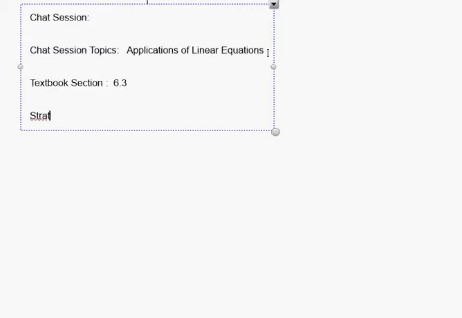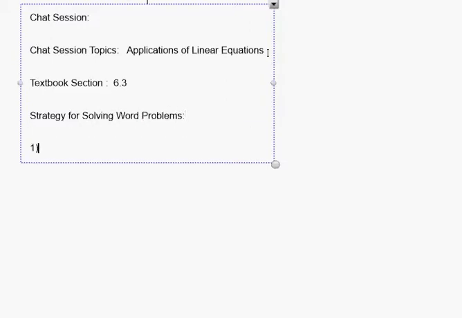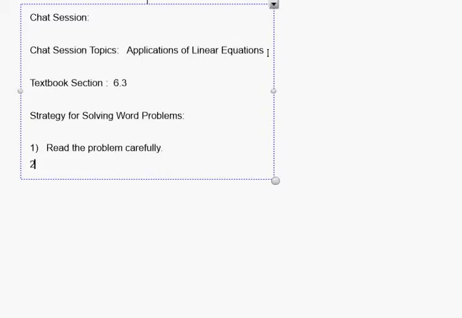Strategy for solving word problems. Step 1. Read the problem carefully. Make sure you make notes of all the numbers that are mentioned in the problem.